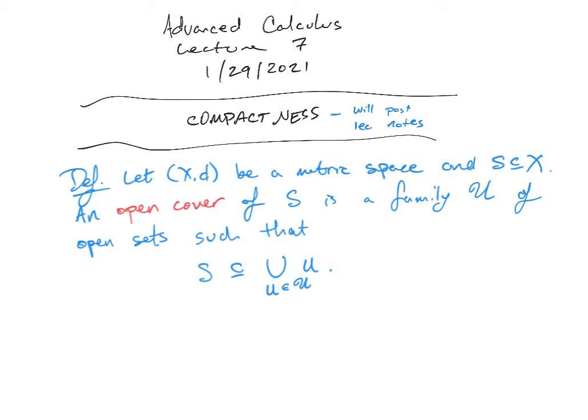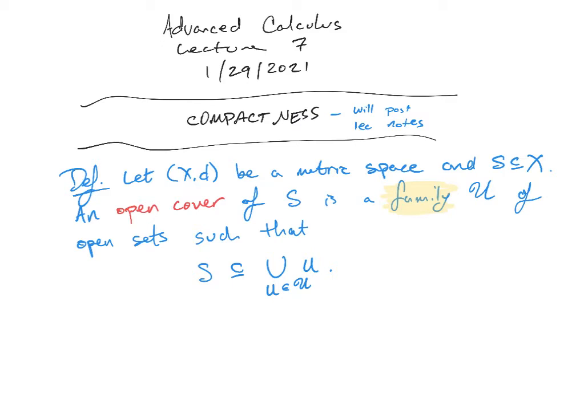Okay, so we haven't gotten to compactness yet, but let's stop for a second and see what an open cover is. Remember, a family of sets is just a set of sets, but usually we use family, so we don't have to say set of sets.